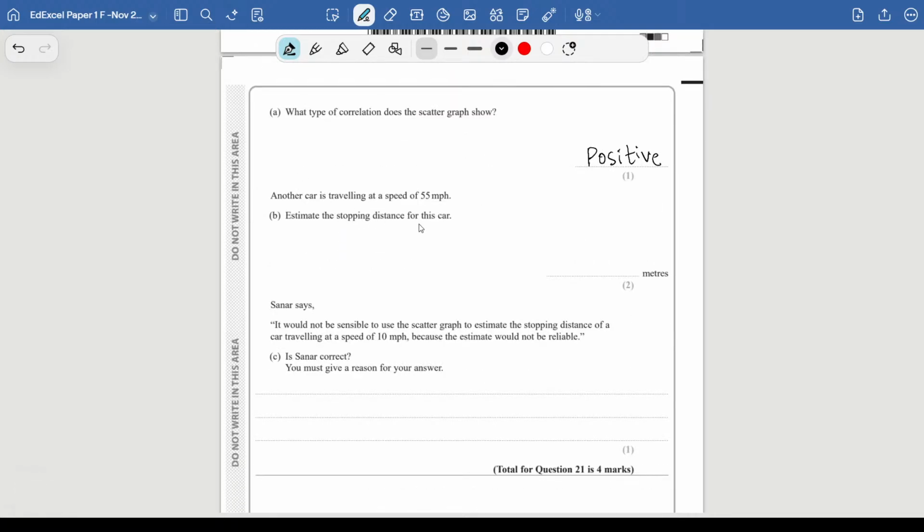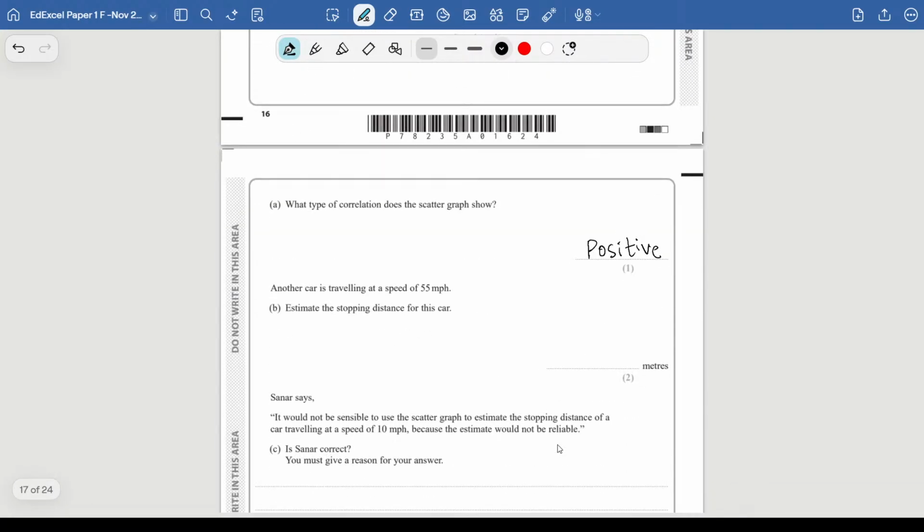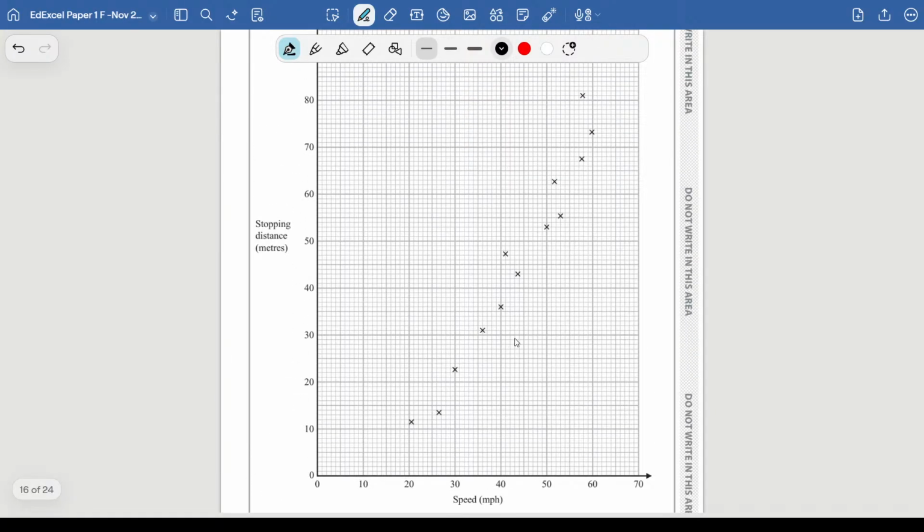Another car is traveling at a speed of 55 mph. Estimate the stopping distance for this car. You need to estimate the distance based on the points, how they are trending. 55 mph is the speed, right? So for 55, it's between 50 and 60, somewhere here. What would you estimate for the stopping distance?